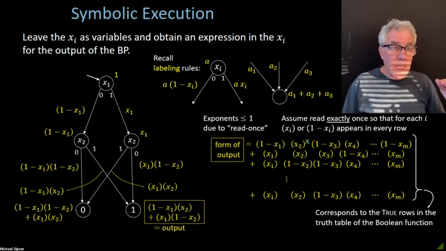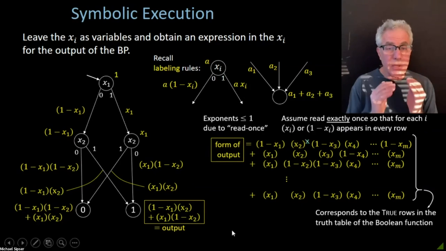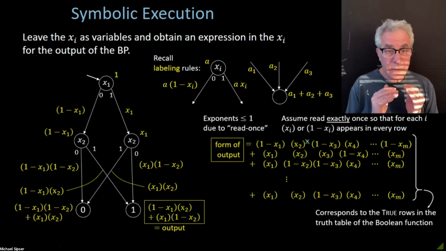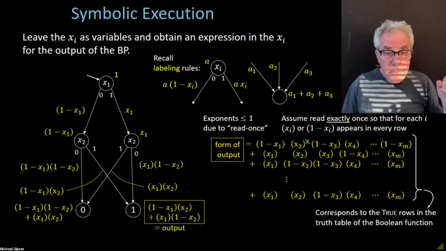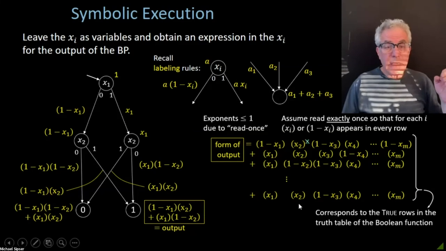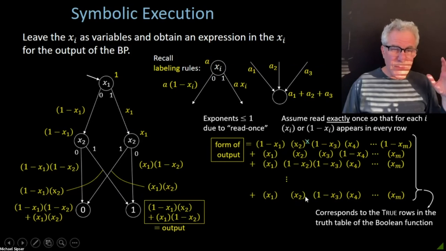Now, the reason why this is, let me just tell you where we're going. Is it possible to have two rows that are the same? If you think about how the rows are being produced, no, you can't have two rows that are the same.